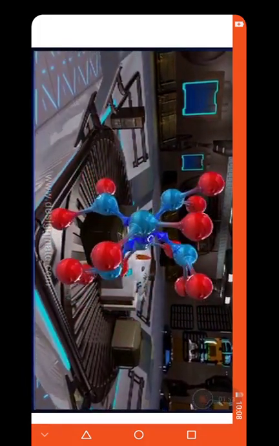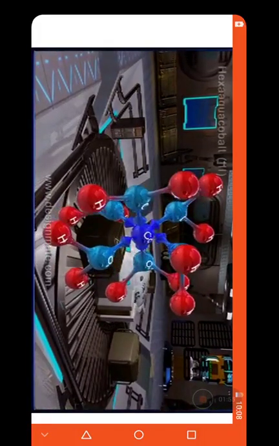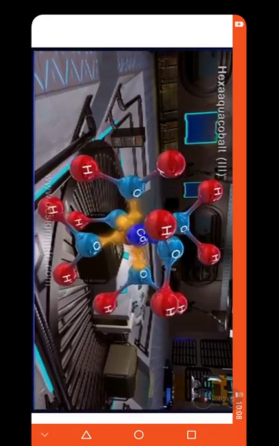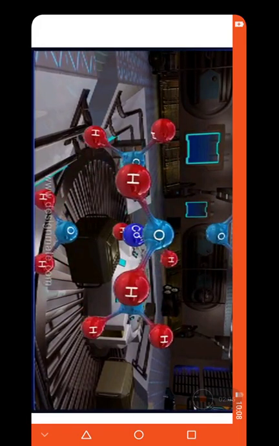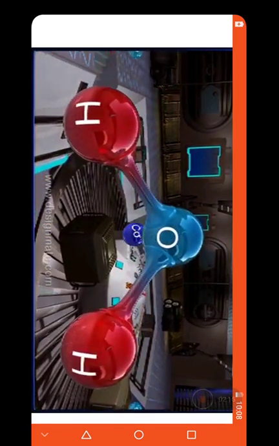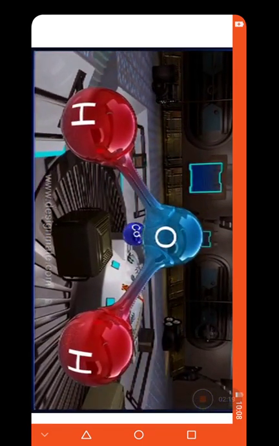To understand the monodentate ligand, consider hexa-aqua cobalt. Here, the water molecule is a neutral ligand.